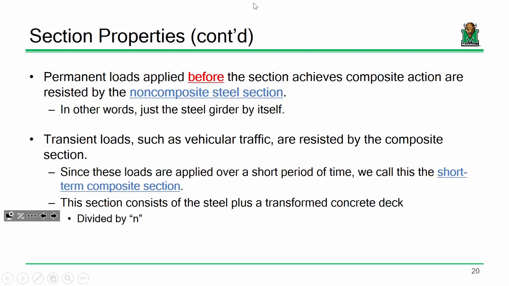When I run a truck on that bridge, it doesn't act on the bridge for a very long time. The truck's on and it's off, on and it's off, and that's it. So we apply those loads to what we call the short-term composite section because live loads are only on the bridge for a short period of time. And we determine that section by dividing the effective deck width by N, by that modular ratio.